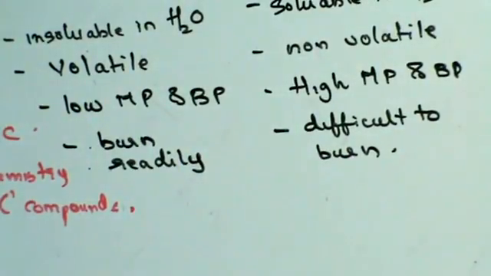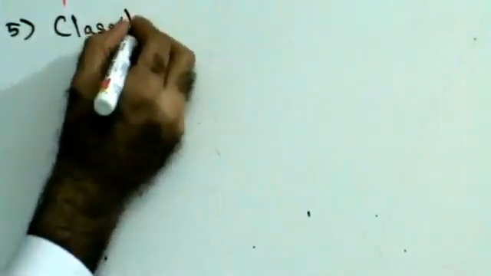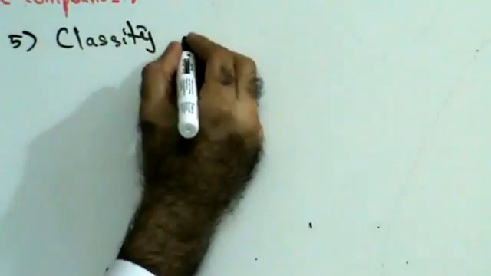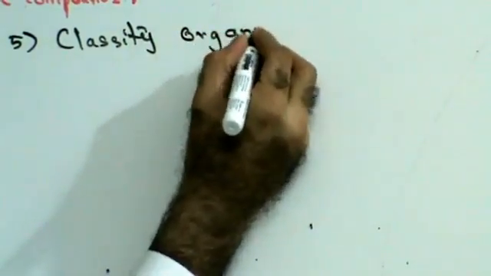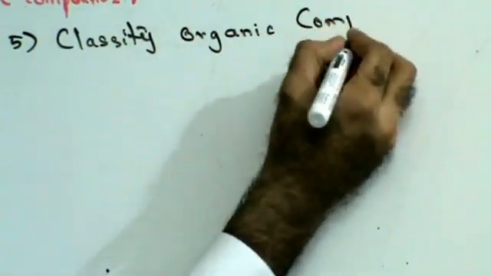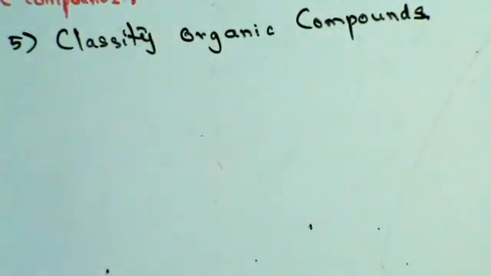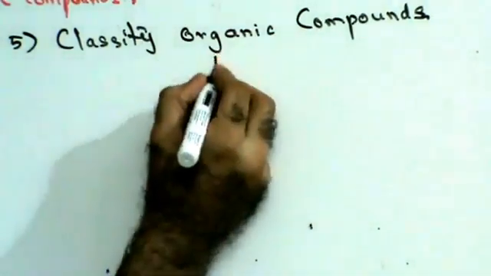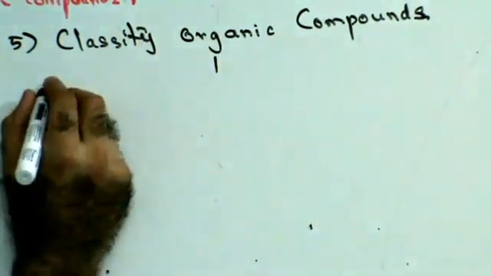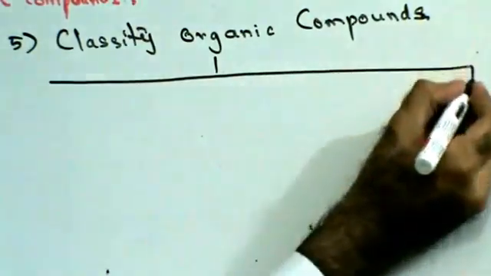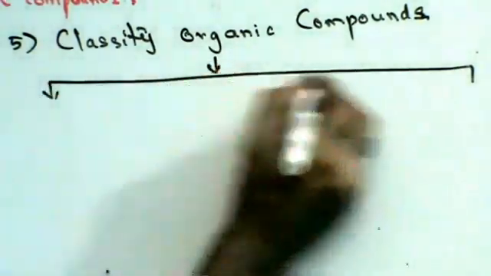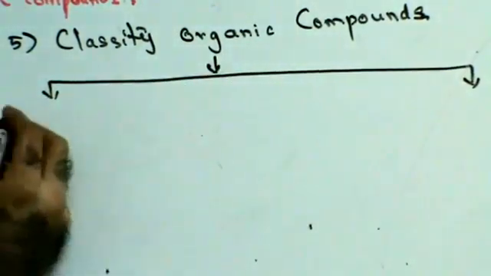Right. Next, let's classify organic compounds. Organic compounds are classified into two classes. One is called aliphatic.